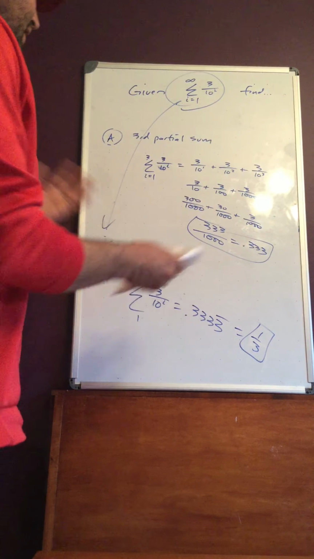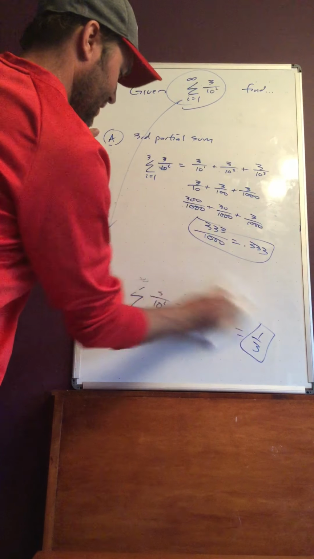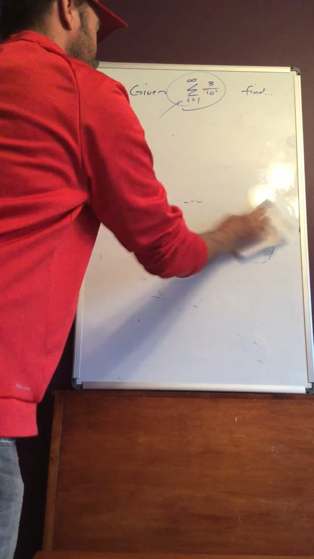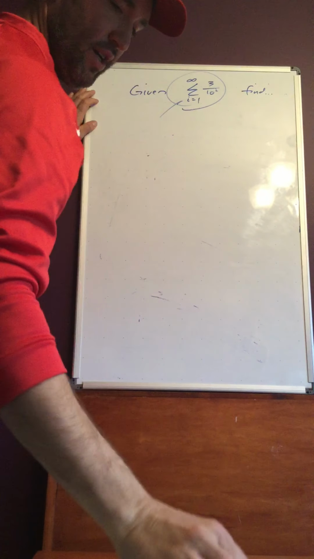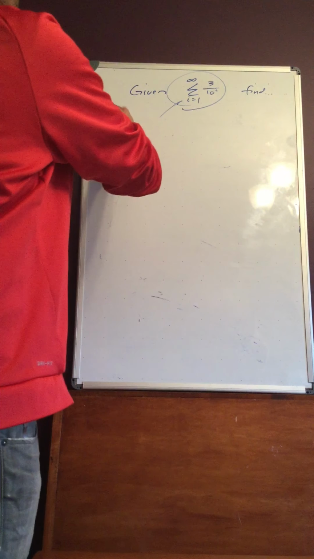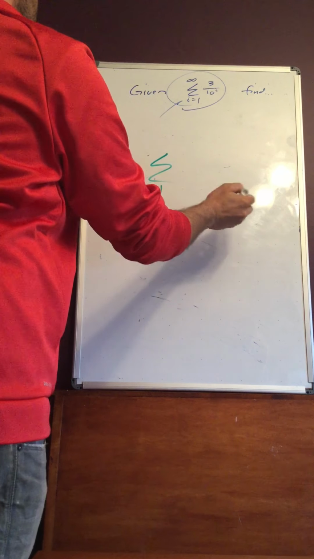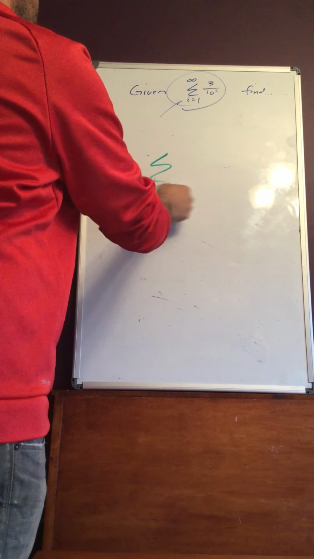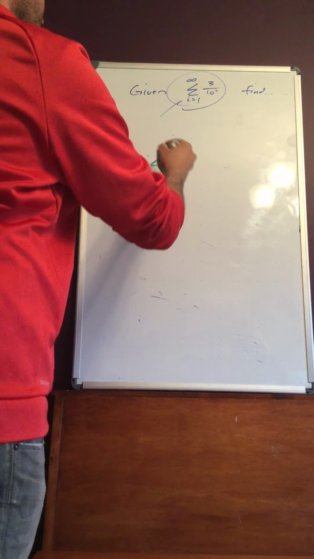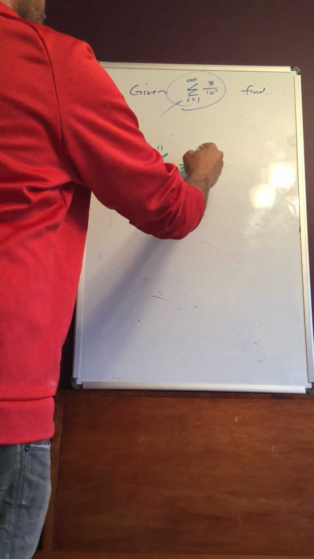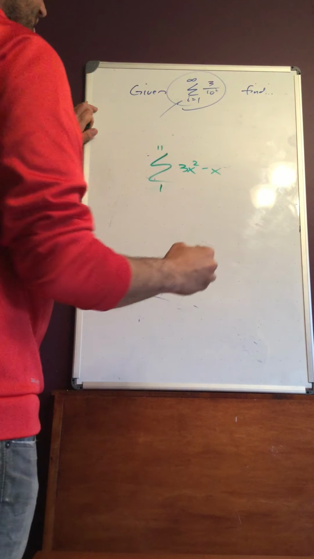So last thing I want you to do is use your calculator, please, to just find for me, I'm going to make this up on the spot here, the answer to the series first term to the 11th term of 3x squared minus x.